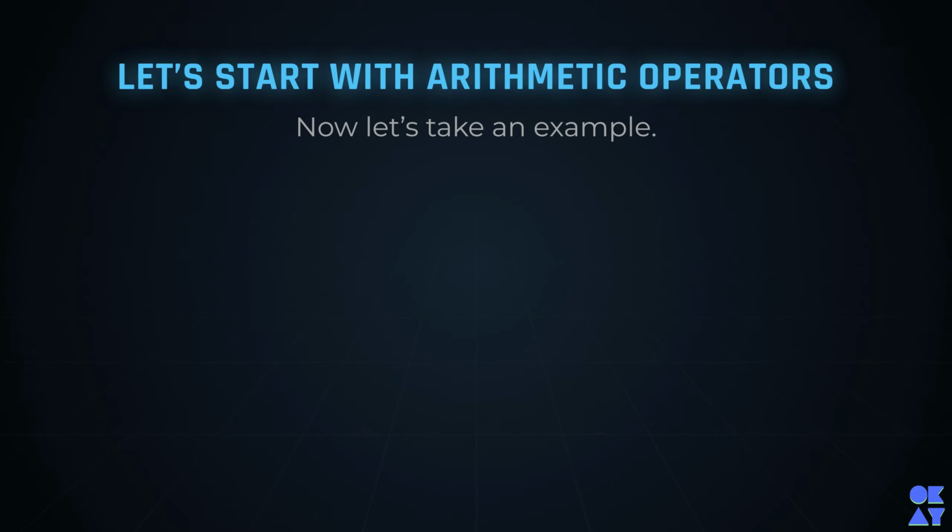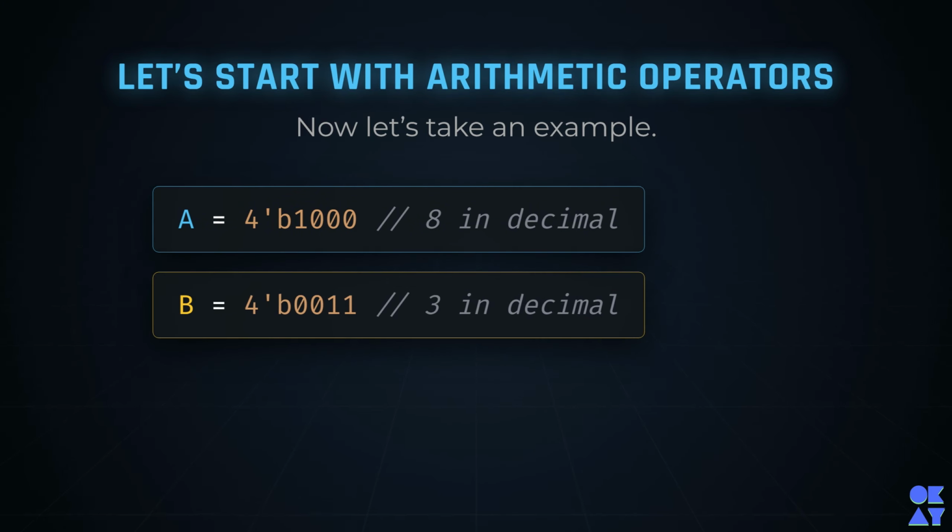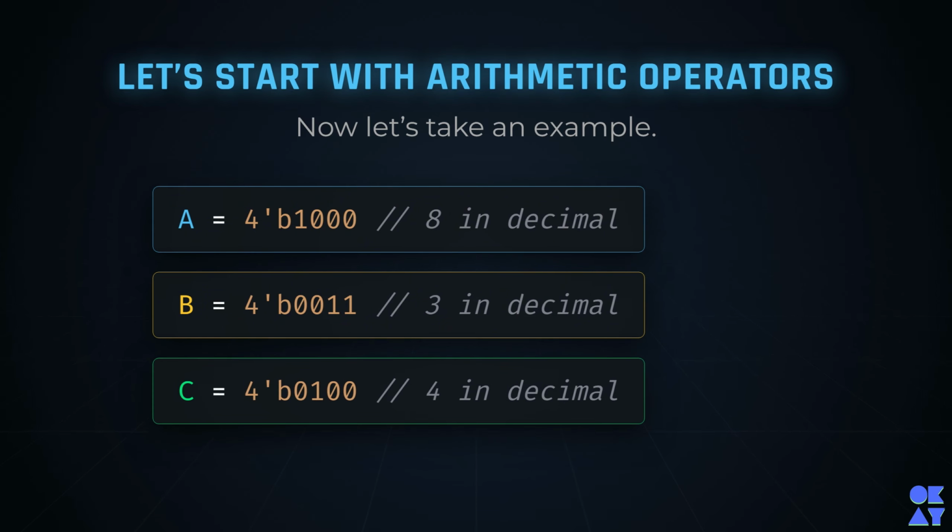Now let's take an example. A is equal to 4-bit 1000, which is 8 in decimal. B is equal to 4-bit 0011, which is 3 in decimal. C is equal to 4-bit 0100, which is 4 in decimal.